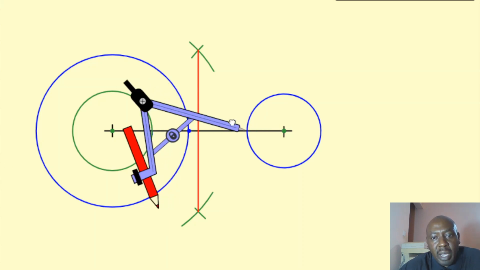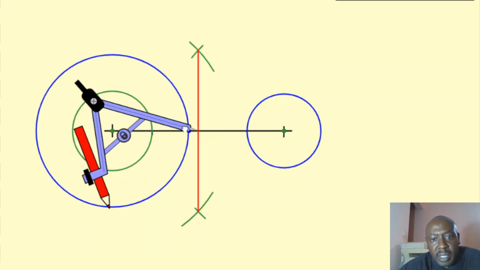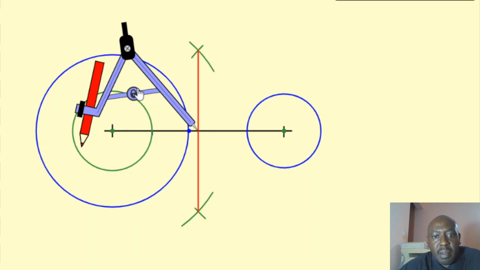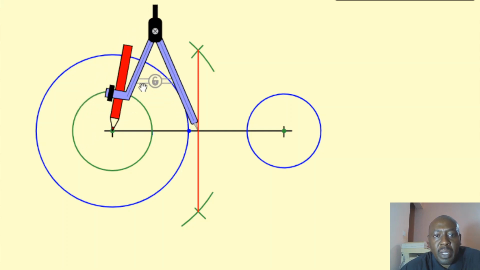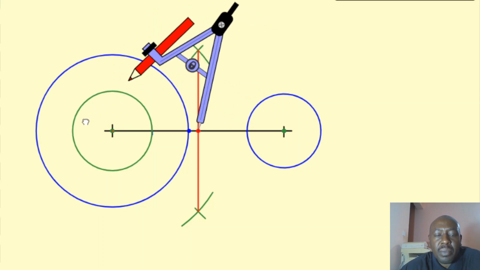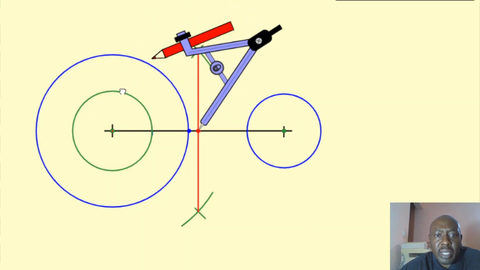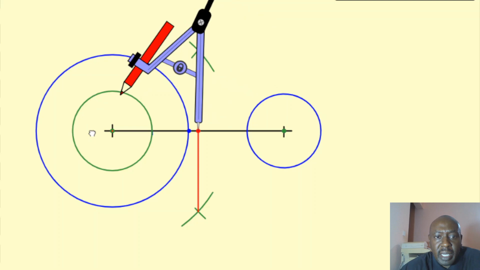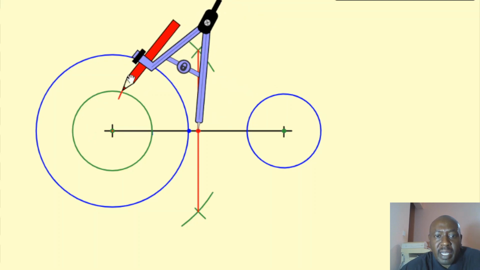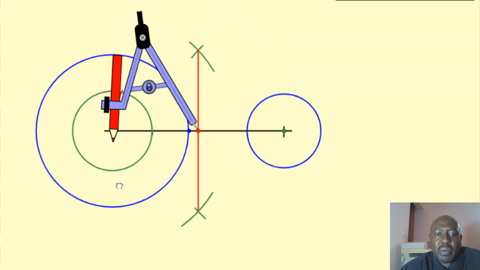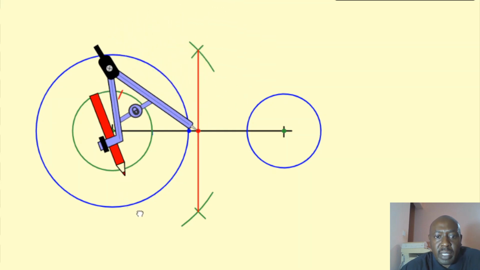We go back to our pair of compass and place the center of our compass where the bisector and the line are joining. We get that distance and transfer it to the smaller circle that we drew in green. Okay, we make a mark. We also do it on the lower side.